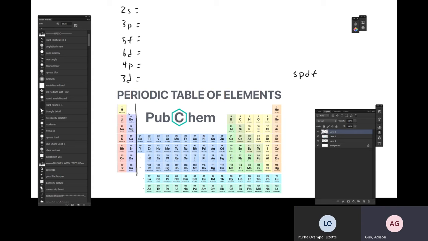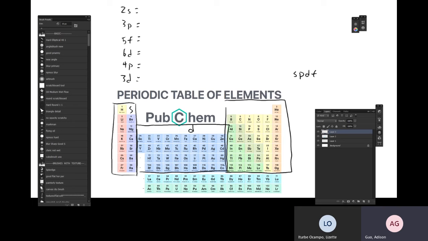So what you should probably get used to is recognizing that this is going to be the s orbital. This is going to be the d orbital. And here are going to be all the p orbitals. And then these are the f orbitals.